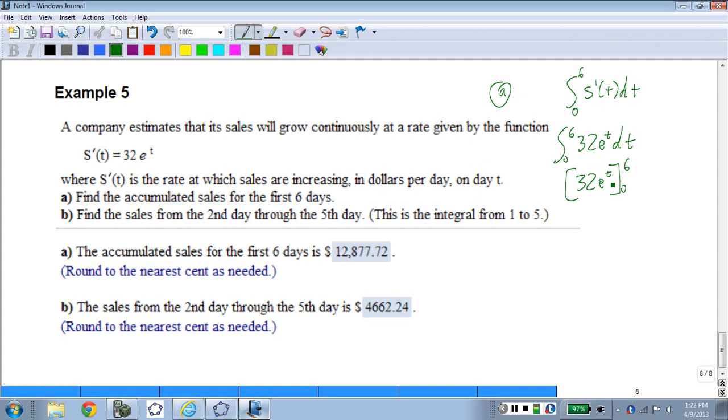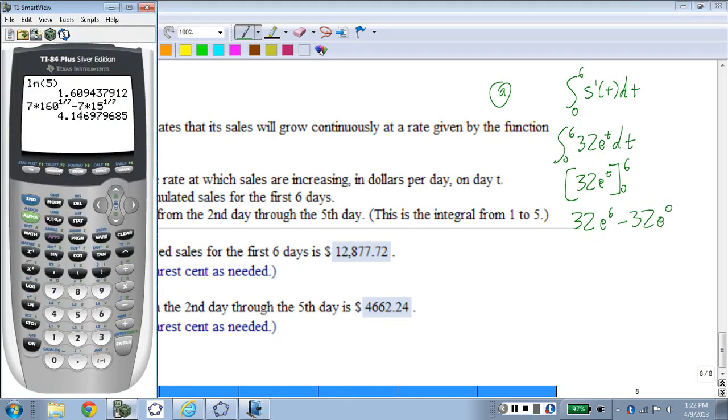So substitute the 6, substitute the 0, and subtract. 32 e to the 6 minus 32 e to the 0, and crunch it out. 32 e to the 6 minus 32. Okay, so accumulated sales for the first 6 days, $12,877.72.